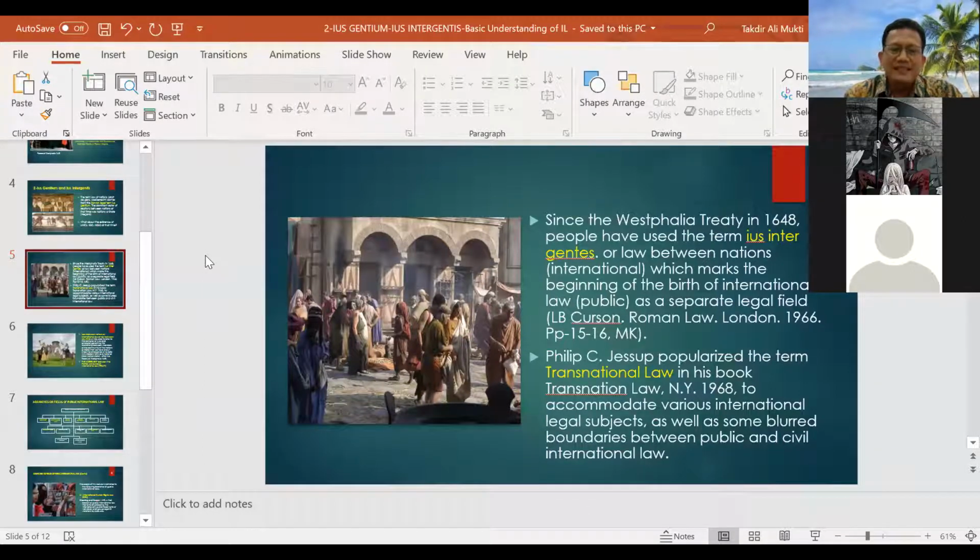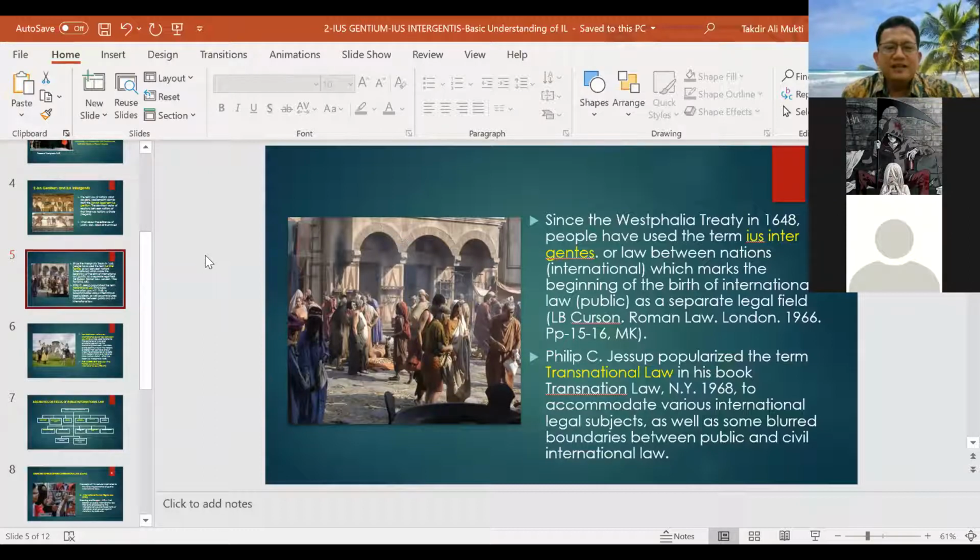Before 1850, after the Spanish occupied the Dutch, there was a Benelux agreement and the Netherlands was recognized as fully independent.